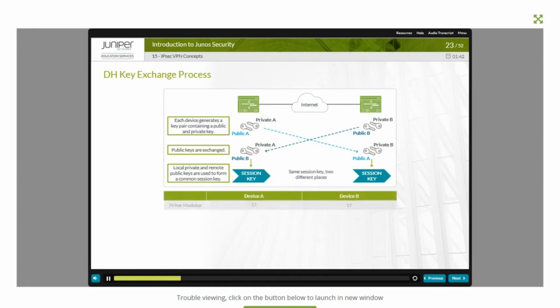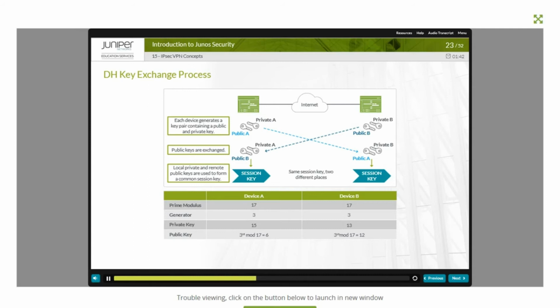In this example, device A and B agree on a prime modulus of 17 and a generator of 3. Each then picks a random prime number and generates a public key which they send to one another. A uses 15 and B uses 13 as their respective private keys. A's public key is calculated as 3 power 15 mod 17 equals 6.